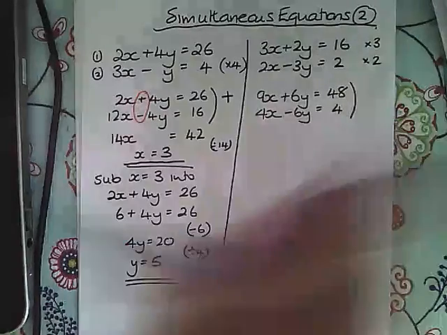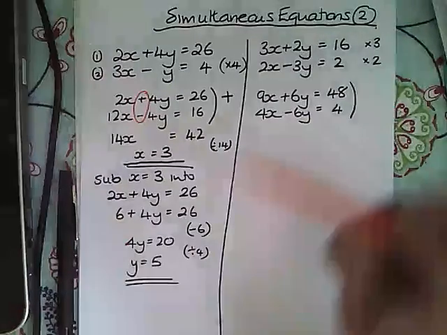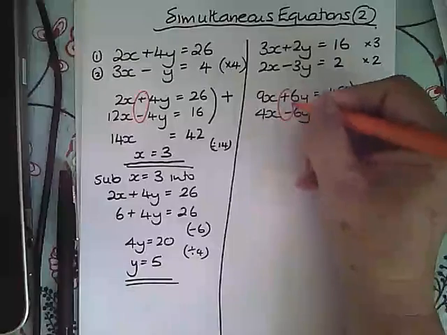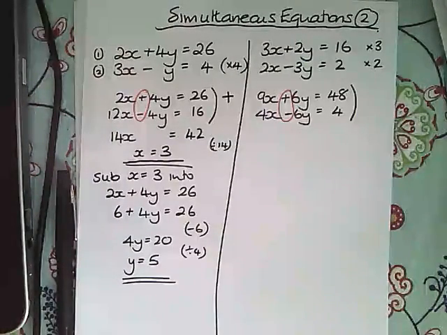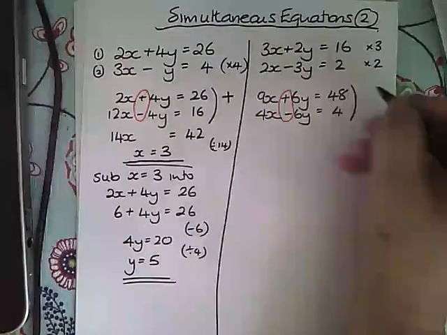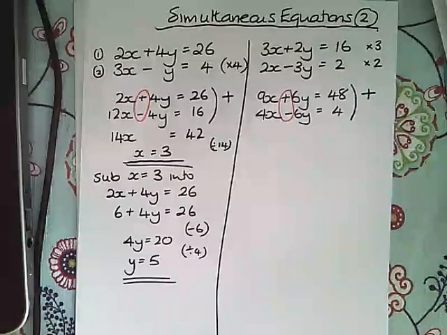We do our little test. Are the signs the same? If they are, we can subtract. The signs are not the same, so we are going to add those two equations together, and we are going to clearly indicate that we are going to add those equations together.